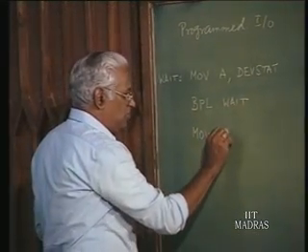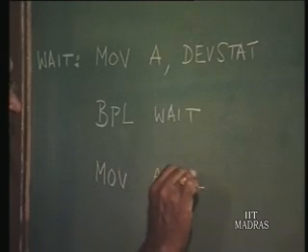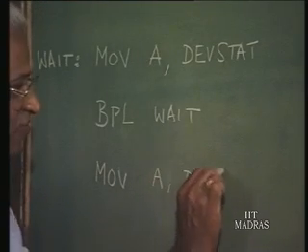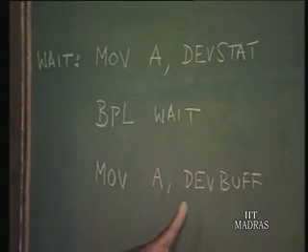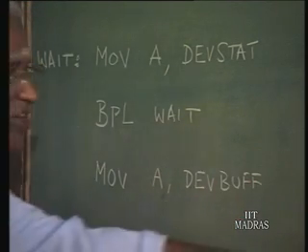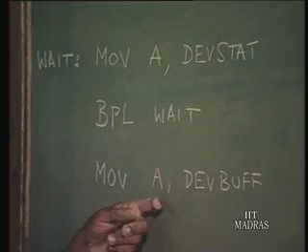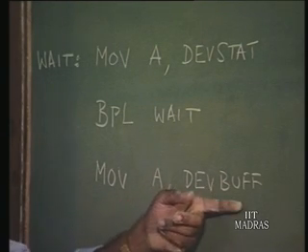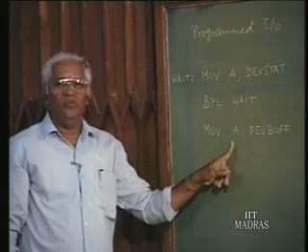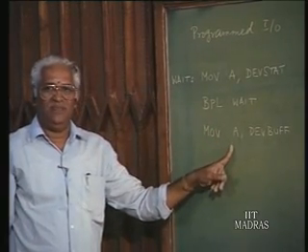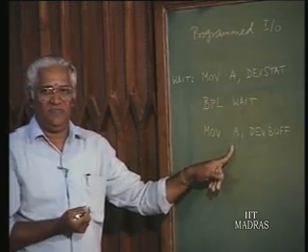So, now just see here what I am doing, device buffer, that is you can call it device buffer or data buffer, whatever it is, like status register, the data buffer. What is it I assumed? I assumed input, is it not, because from the data buffer the data has been moved to the CPU accumulator, which is input. So, I have assumed actually an input device.